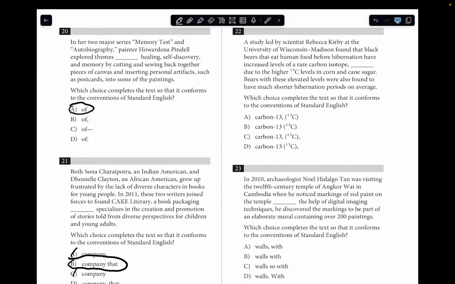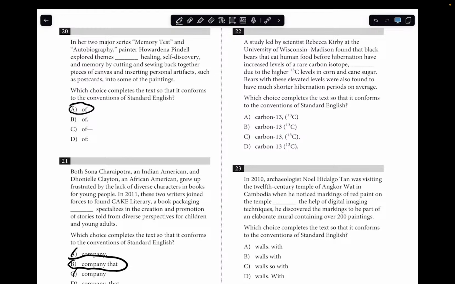22. A study led by scientist Rebecca Kirby at the University of Wisconsin-Madison found that black bears that eat human food before hibernation have increased levels of a rare carbon isotope blank due to higher C13 levels in corn and cane sugar. Bears with these elevated levels were also found to have much shorter hibernation periods on average.